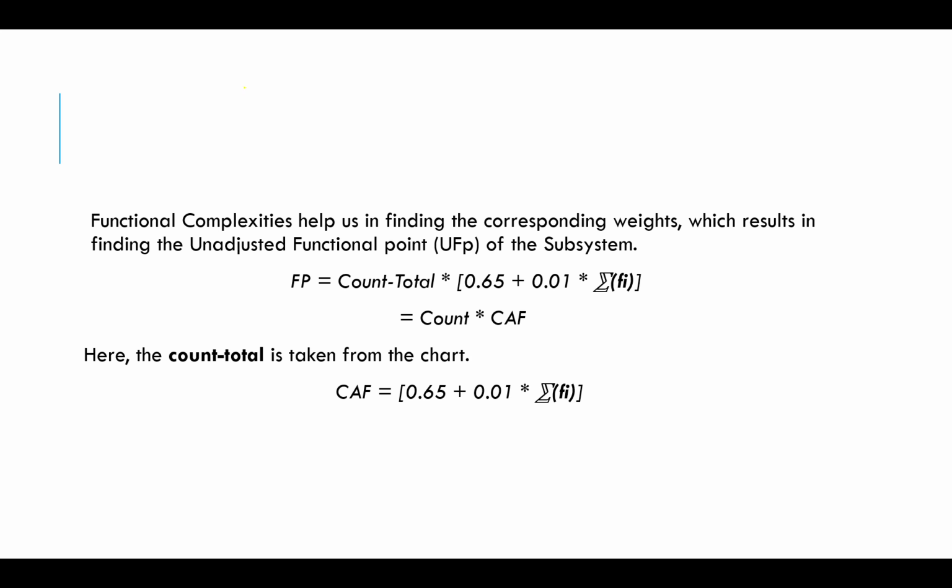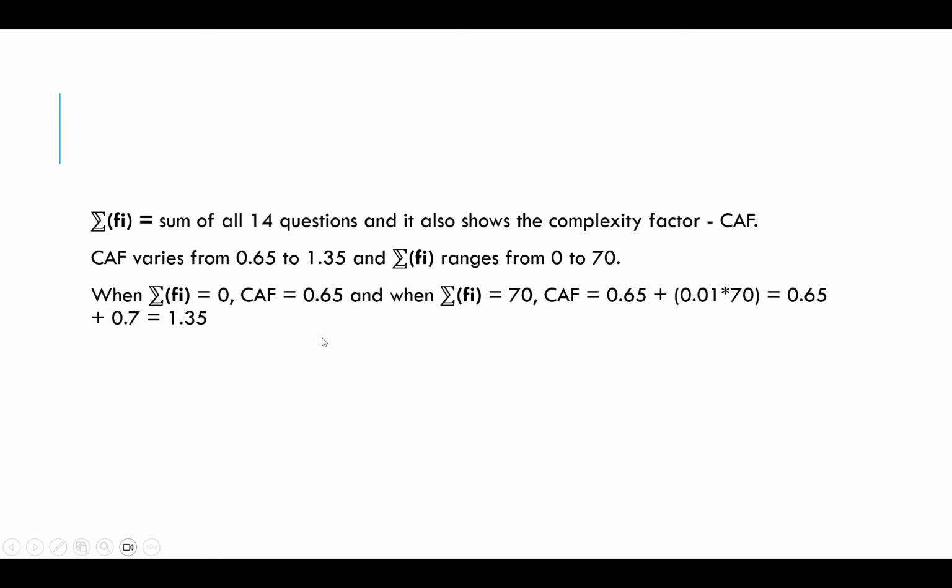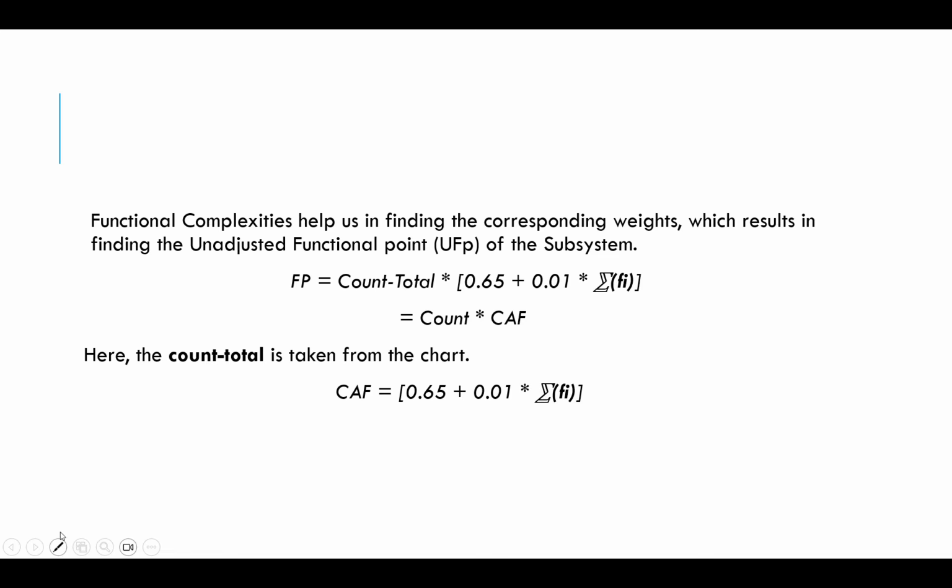The formula to calculate function points is count, which we checked in the previous slides, where we use the five parameters: external inputs, outputs, and the internal files or interface files. These five parameters are denoted as count. And the next is the minus total into CAF.